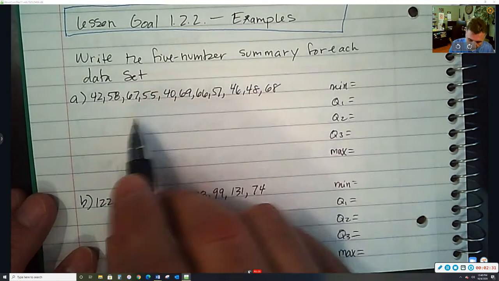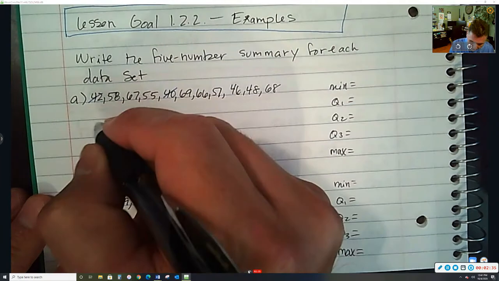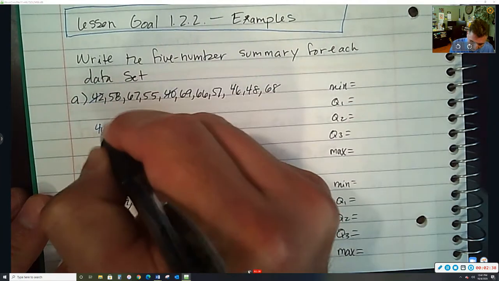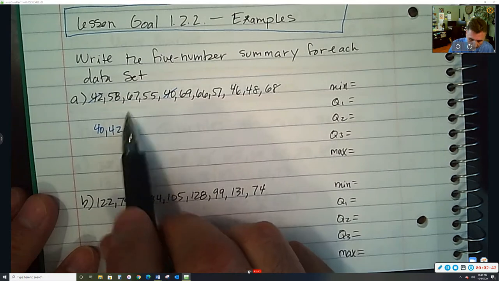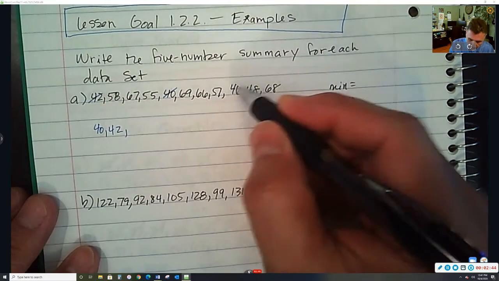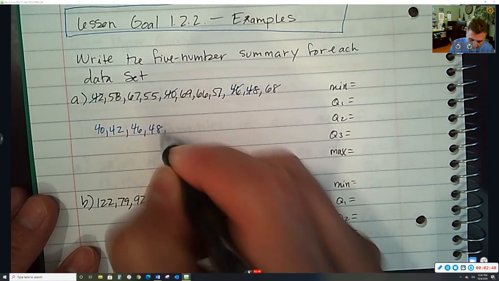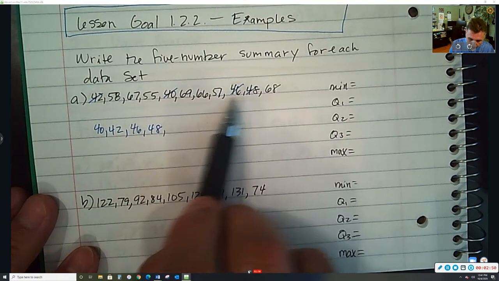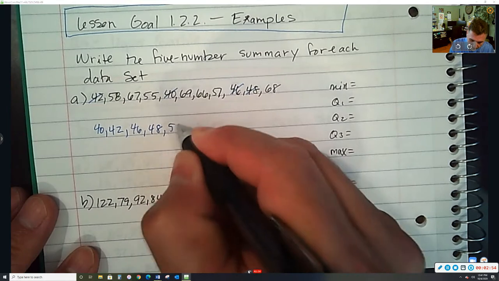So if you look, there's 40 and 42. I think I'll be okay if I write it here, if I skip a line. Also, it looks like there's a 46 and a 48. Right, number 40s go to 50, 51, 55.